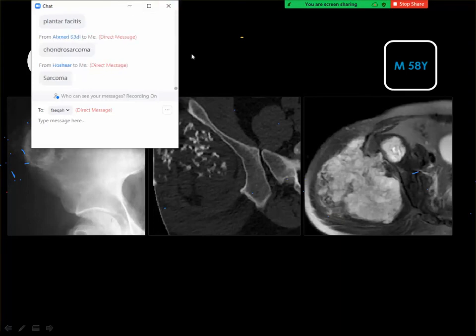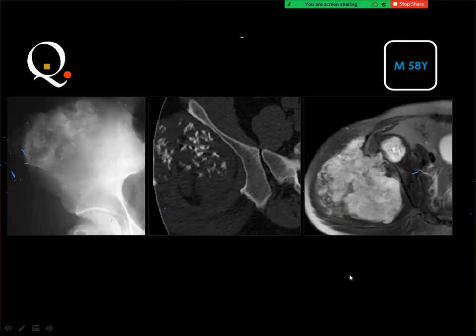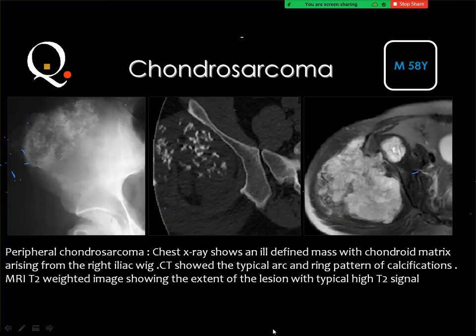Chondrosarcoma, yes, very good. Chondrosarcoma is the right answer because you got a malignant lesion and this lesion contains calcium, although the calcium is not evident on MRI.